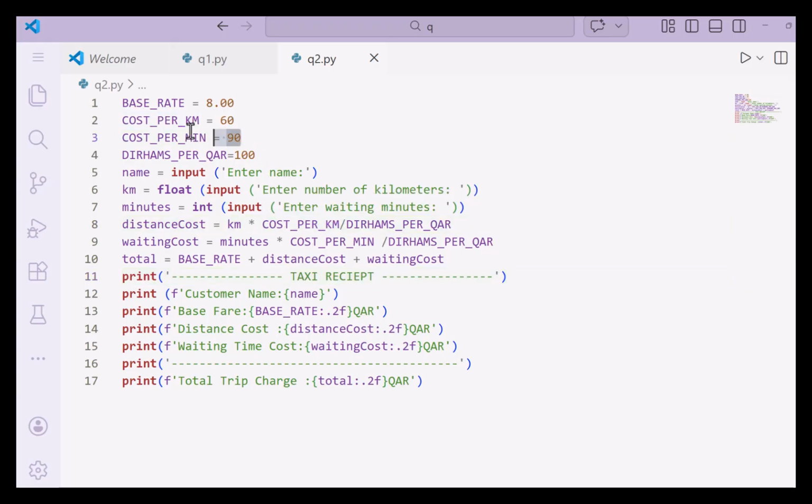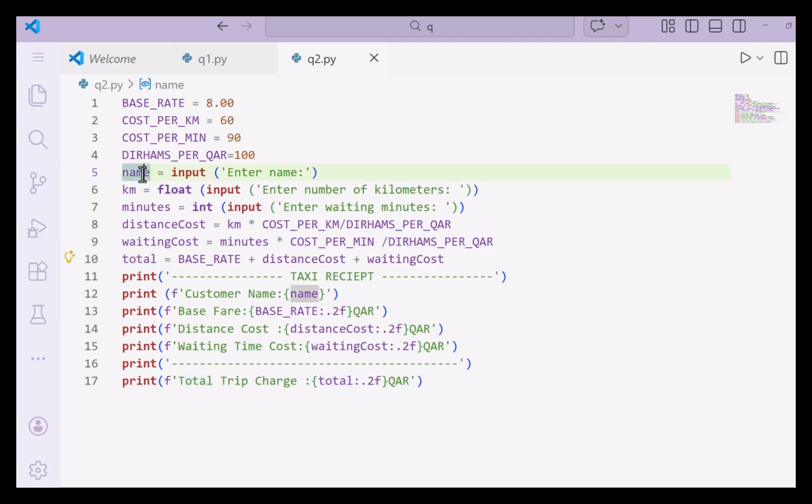So we defined our constants, took our input, did some calculations. You could have done all these calculations in one step. But since you need this at the output to be broken down, it's better to calculate each category separately. So these are typical input processing output questions.